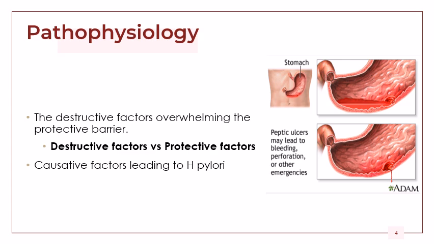So the destructive factors, gastric acid and pepsin, destroy the stomach lining due to prolonged exposure when in excessive amounts. The protective factors, on the other hand, are bicarbonate and mucus secretion, which protect the lining from the action of these destructive factors.